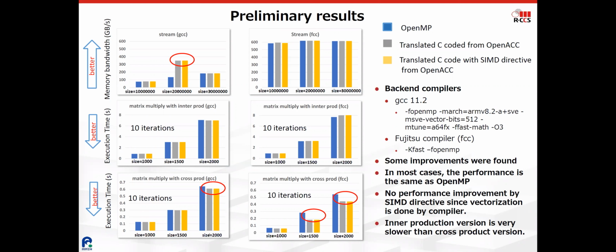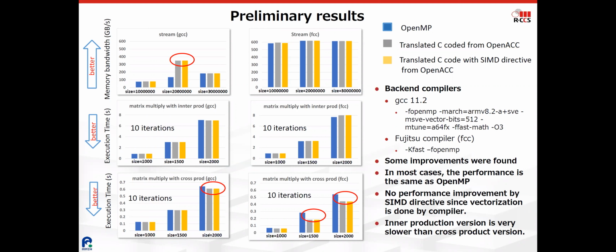In most cases, performance is almost the same. So it's a little bit disappointing, with no performance improvement over the OpenMP compiler.